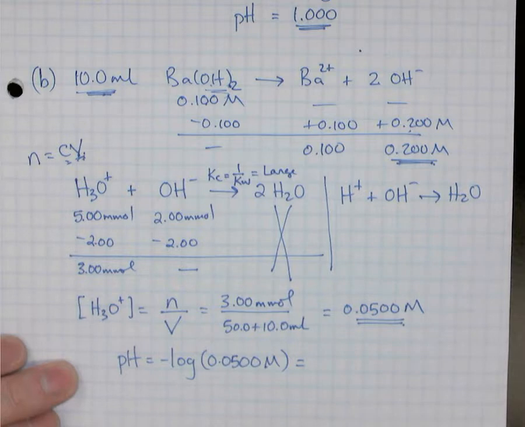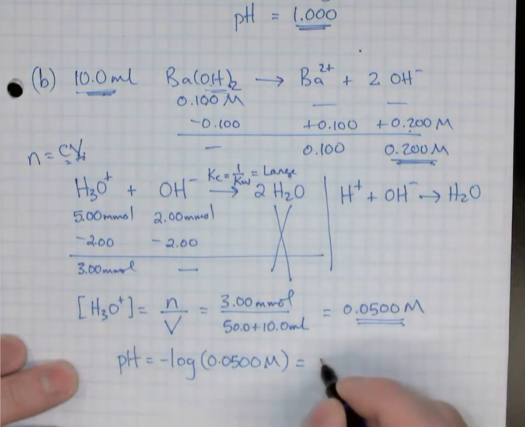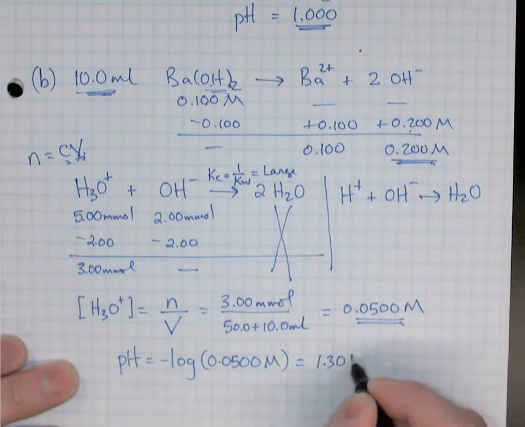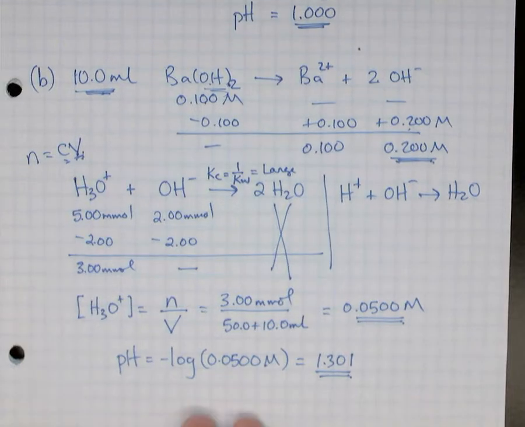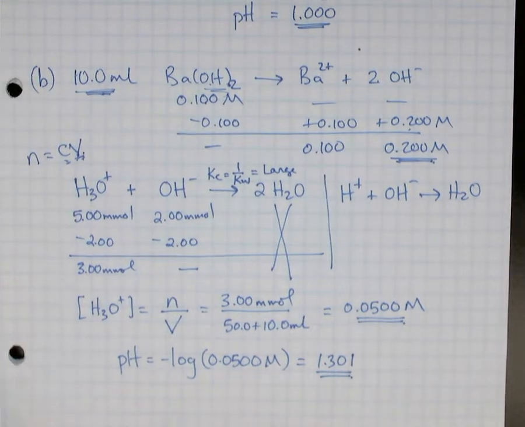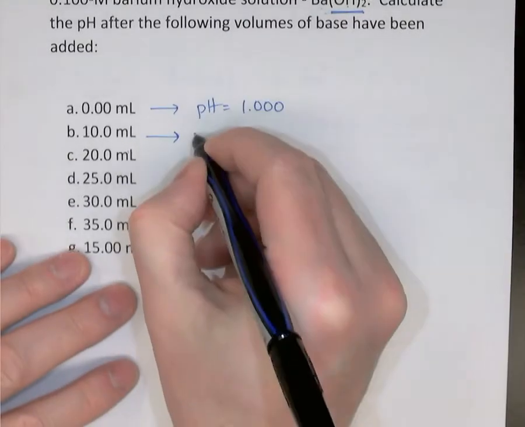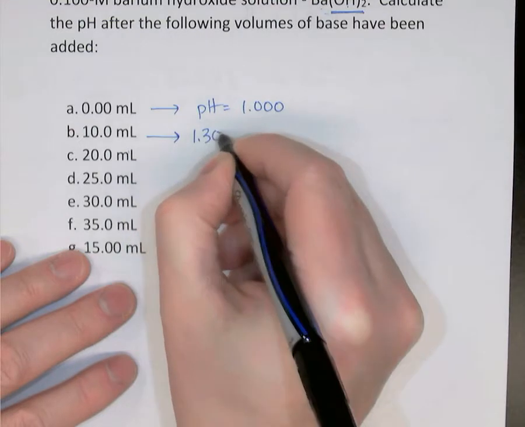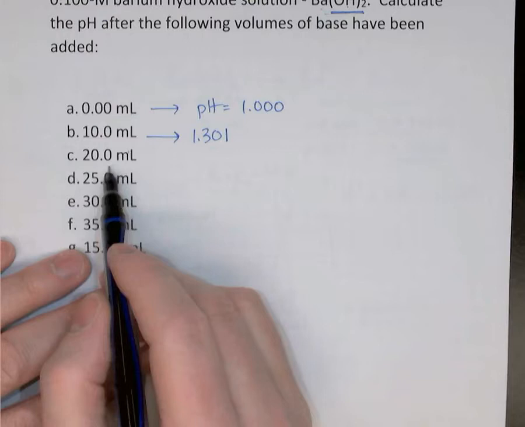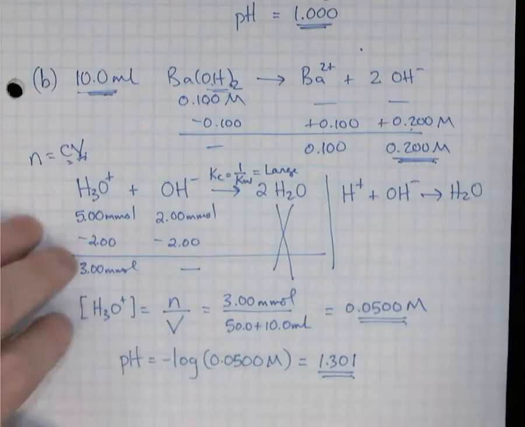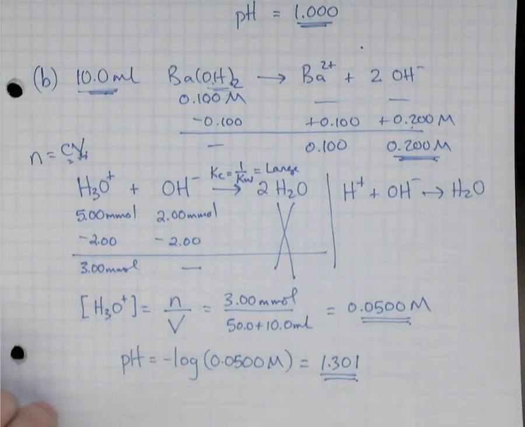So negative log of 0.05 is 1.301. Okay, so the pH went from 1 to 1.301 when we added some base. So now let's add 20 milliliters of base. If you think you understand what you're doing, pause the video and try setting it up yourself.